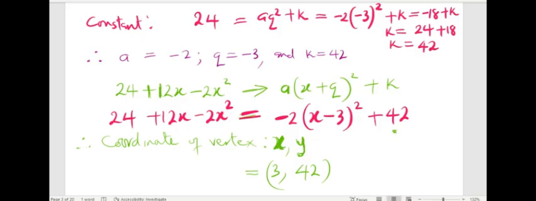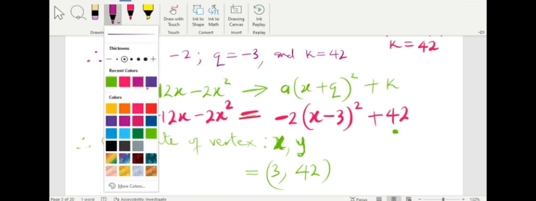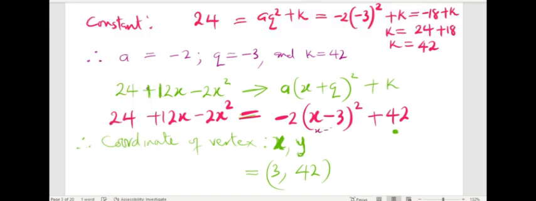Remember, you pick the y, for this k is the y, and then x minus 3 equal to 0 will help us to find the value of x at the turning point. In other words, if we wanted to find the turning point, we would have done x minus 3 equal to 0, which gives us x equal to 3.